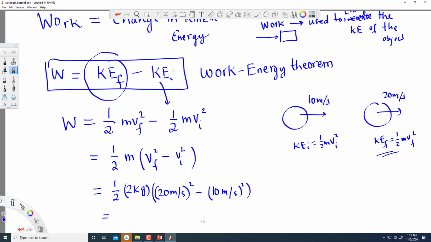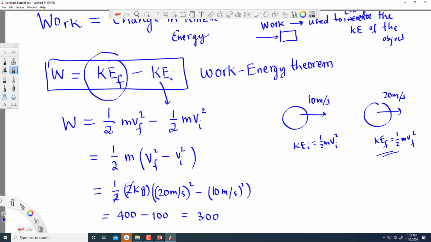Now we need to do the math. You see here, the 1/2 and the 2 cancel. So we have 20 squared, which is 20 times 20 is 400, and 10 squared, 10 times 10 is 100. 400 minus 100 is 300. So we got 300. And what is the unit of work?